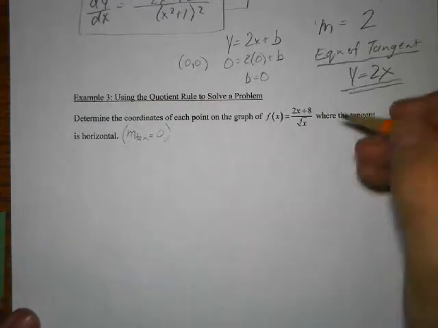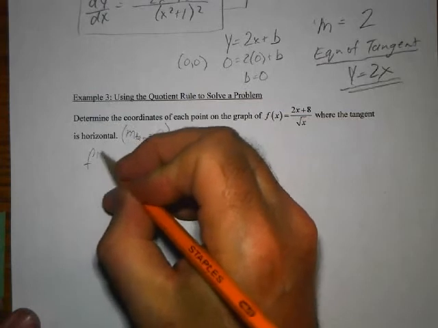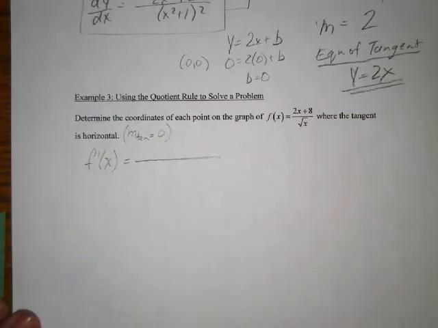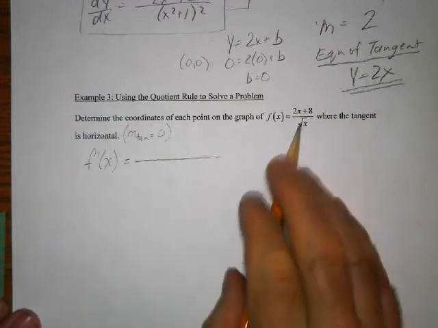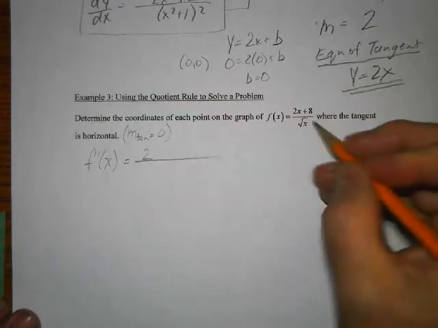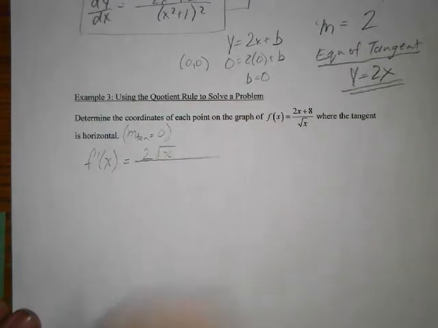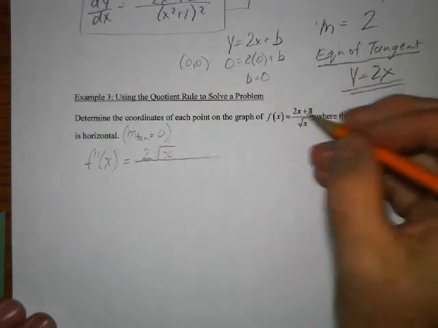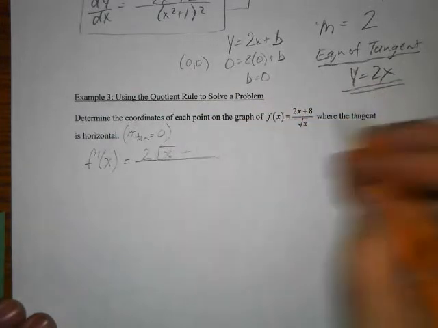Okay, so the first thing we're going to do is find f prime of x using the quotient rule. So that's the derivative of the top, 2x plus 8, that's going to be 2 times the bottom function, so 2 root x, and then this one's a little trickier, it's going to be minus.